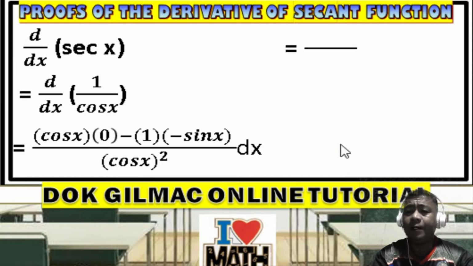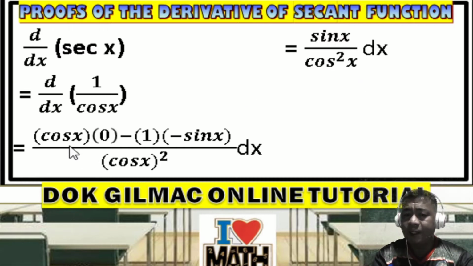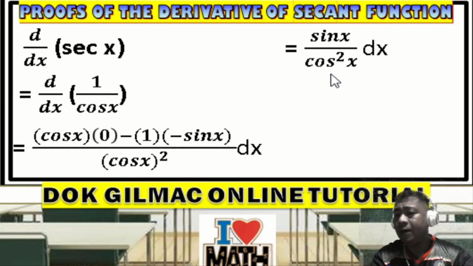Simplifying further, this is simply equal to sine x over cosine squared x dx, since cosine x times 0 is 0, minus 1 times negative sine x is positive sine x, all over the square of cosine x, so that is simply equal to cosine squared x.